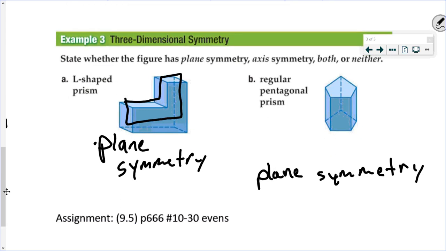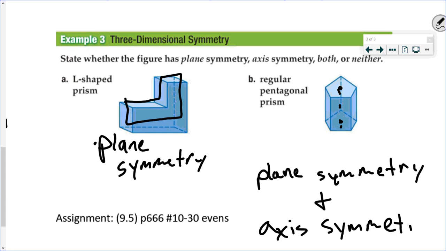But think about, if you placed a pencil through this prism, and could you rotate this thing back onto itself? And if you did it right through the center of that pentagon, the face there, you would have axis symmetry. So this one has both.